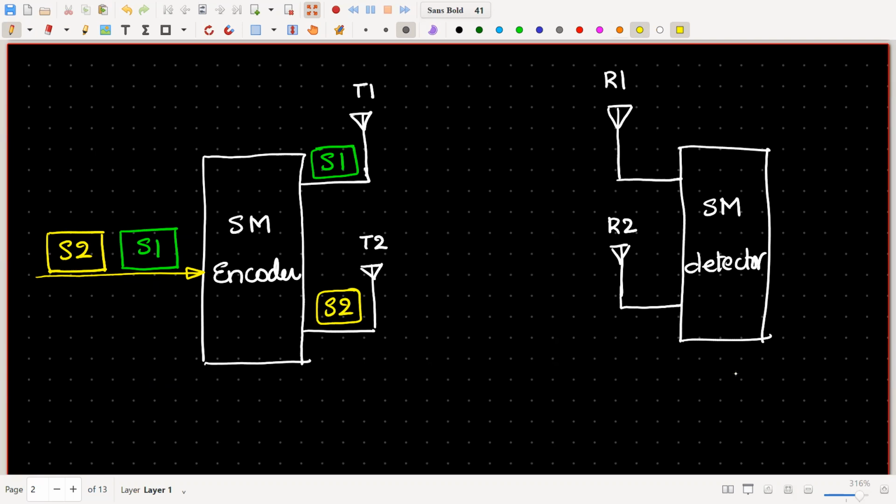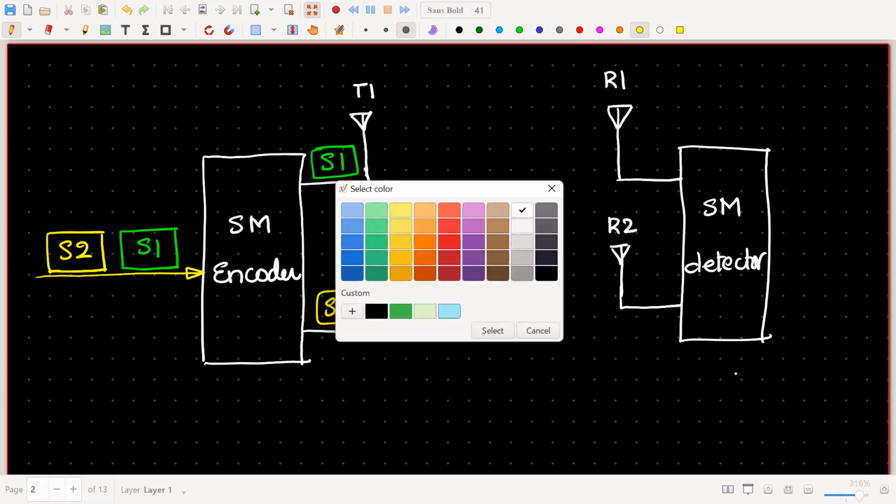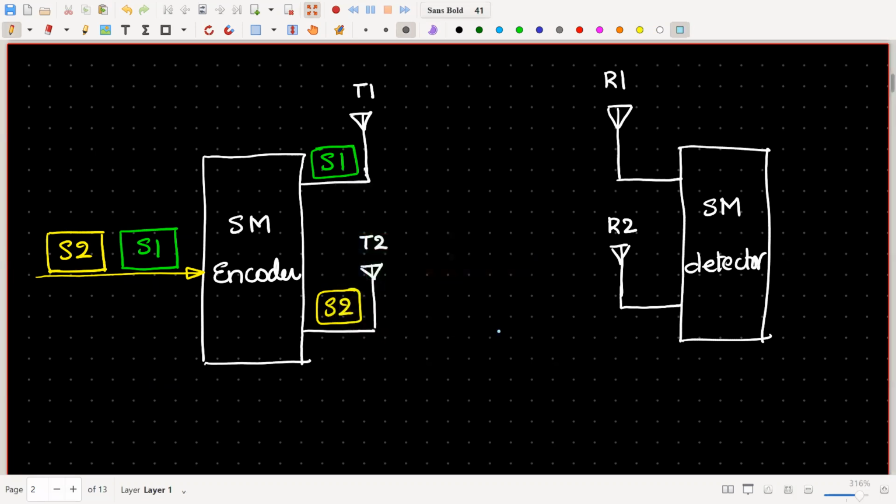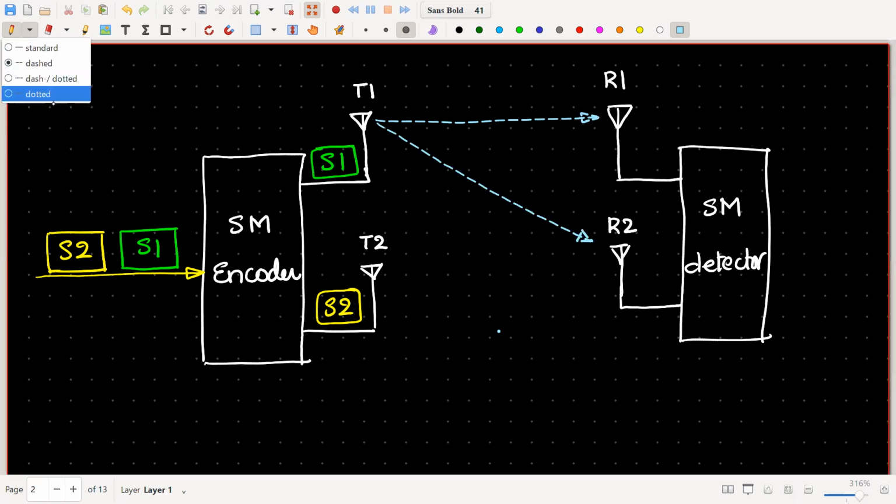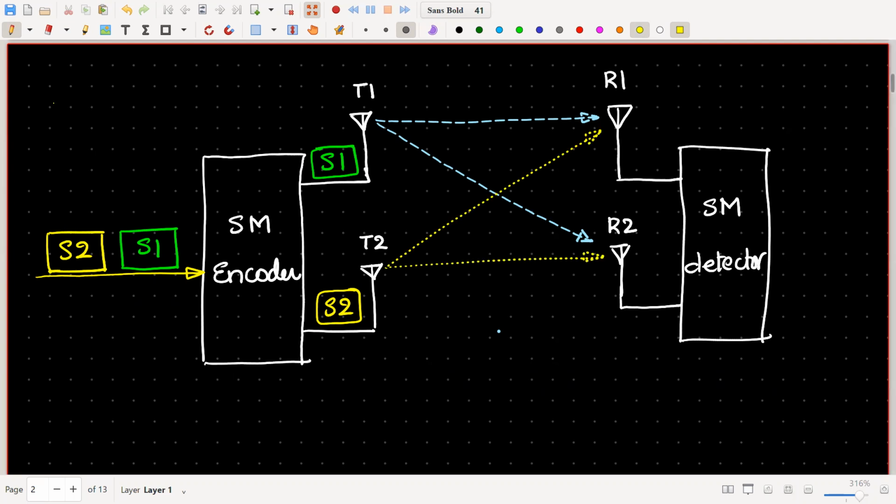So how many radio paths do we have in this case? As we know, we have 4 radio paths available. I have path 1, path 2, path 3 and path 4.